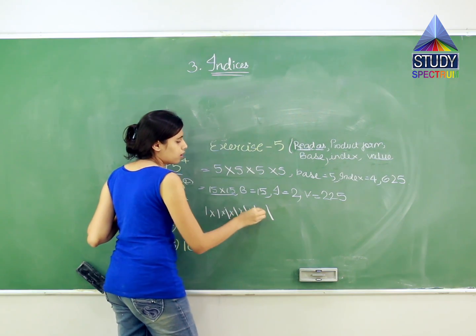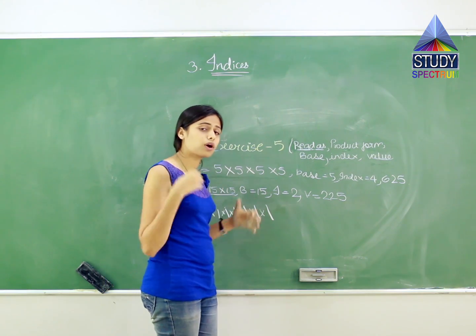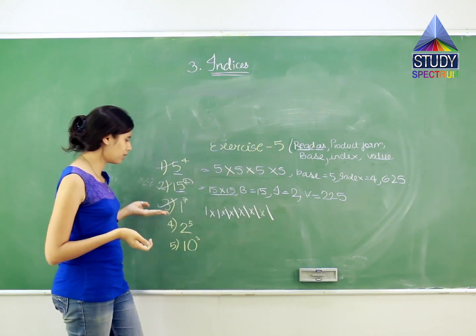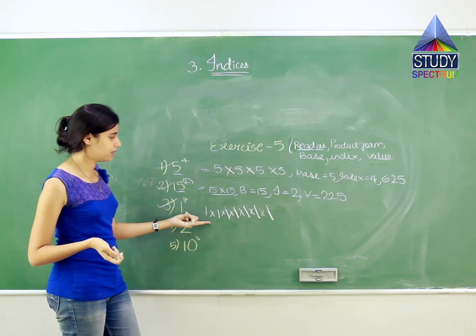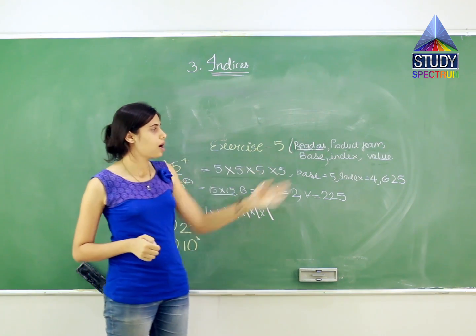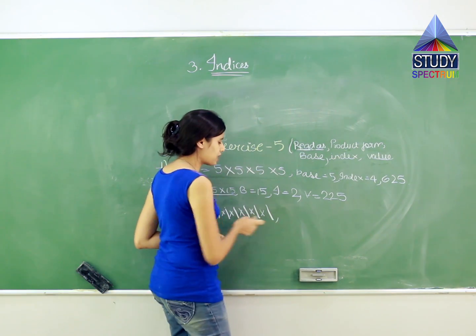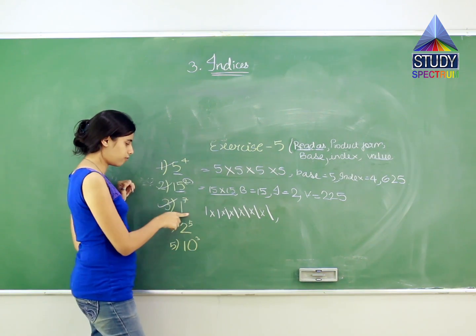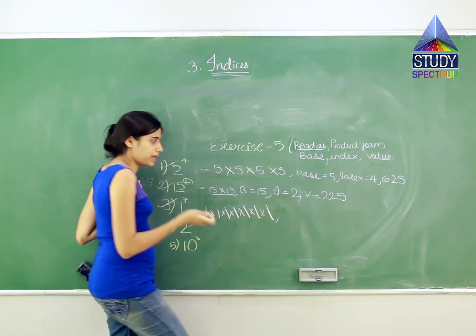Product means what? Multiplication. So product form अगर बोला है तो क्या होना चाहिए? Multiplication में होना चाहिए. That is what we have done over here. 1 is written 7 times and a multiplication sign between them, representing the product form. Now tell me what is the base. Over here look at the question. कौन सा नंबर बड़ा है and नीचे है? 1. So what is base? Base is 1.